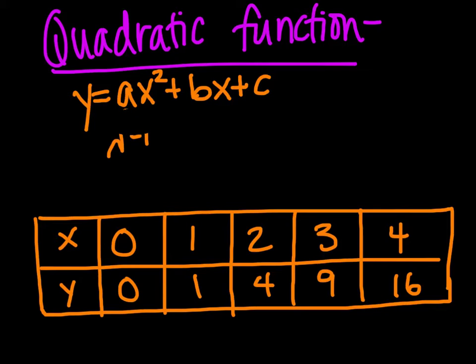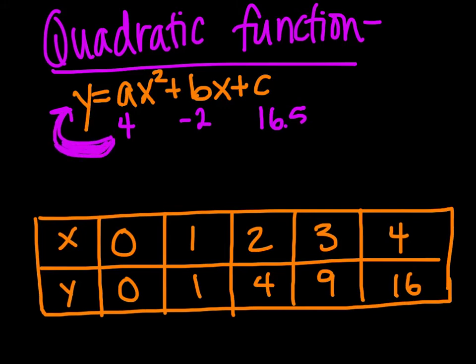These need to be real numbers like 4, -2, and 16.5 or something like that. They need to be legitimate numbers. If you can have an equation written like this, then you have a quadratic function.